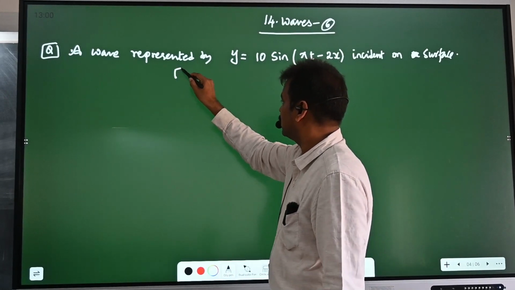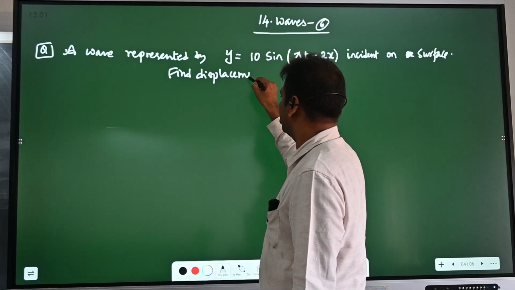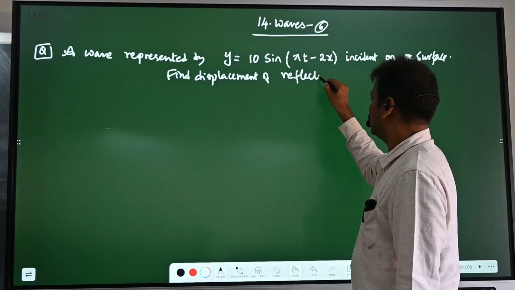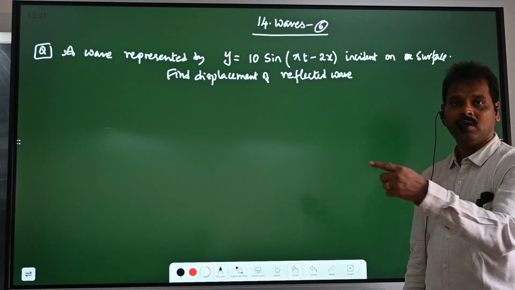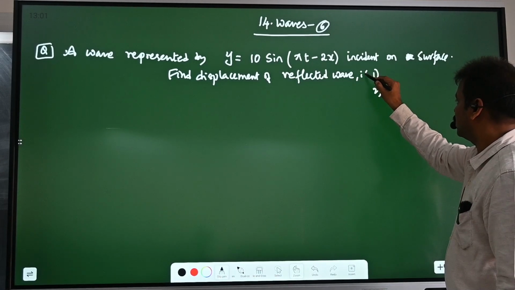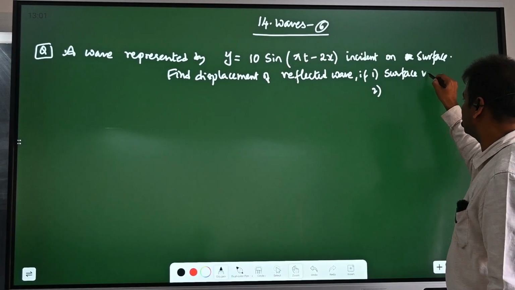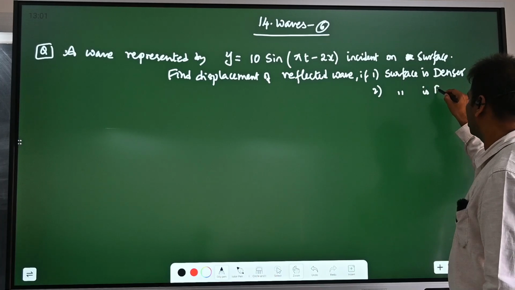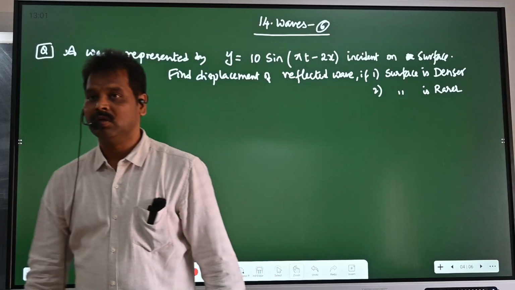Find the displacement of the reflected wave if the surface is denser, and if the surface is rarer. Surface is denser or surface is rarer?